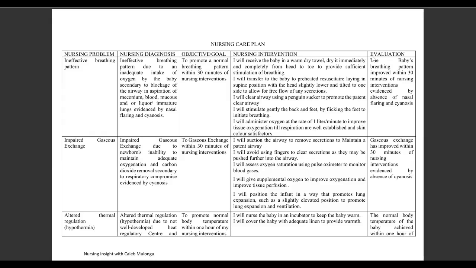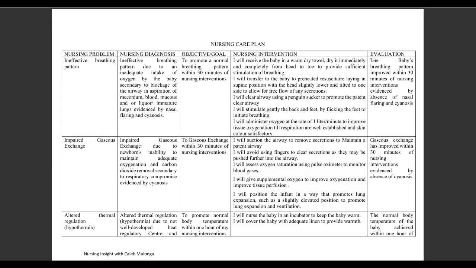So you find that sometimes the baby might have some visible secretions in the nose or in the mouth, and you might think that maybe I can remove with my fingers, it is much easier. But what you might not know is that by using your fingers, it might further push those secretions.